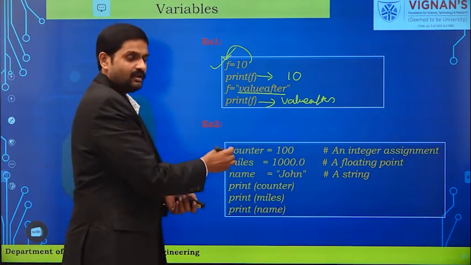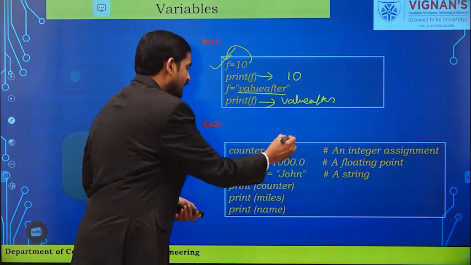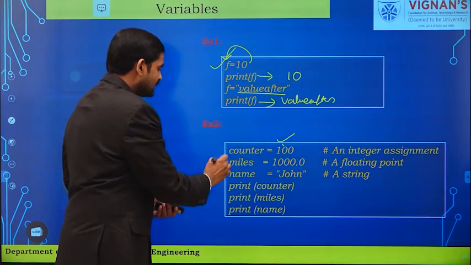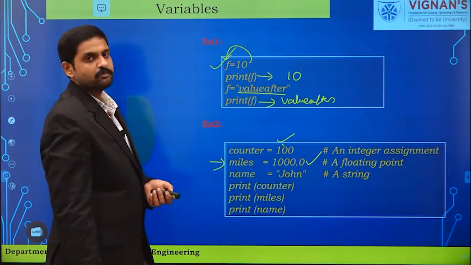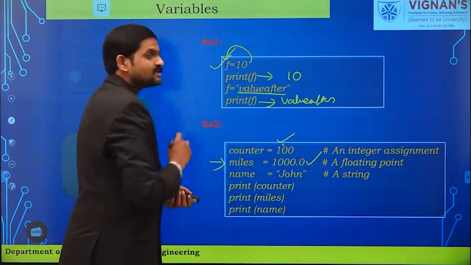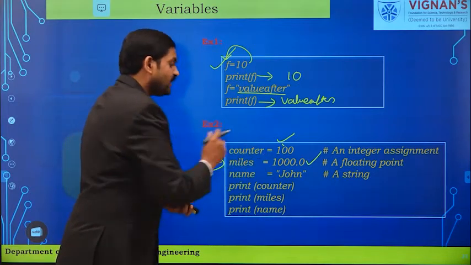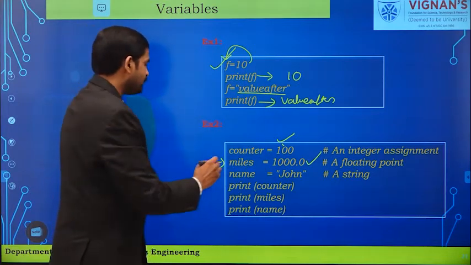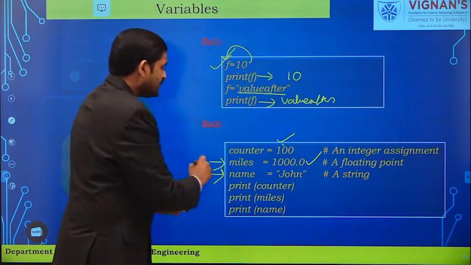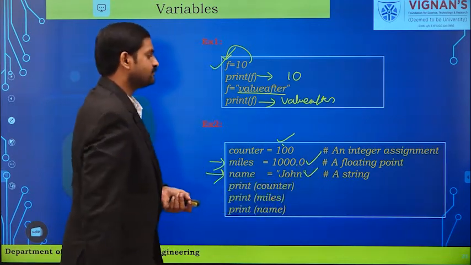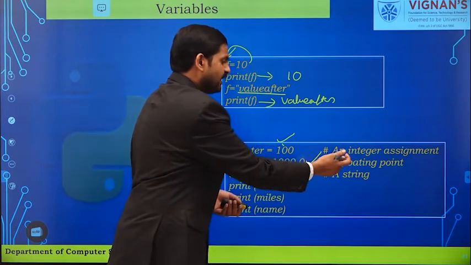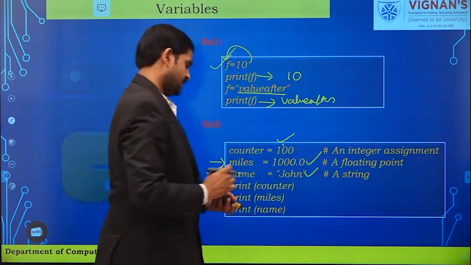And see another example. Counter is the variable, the value assigned is 100. Miles is another variable, the value assigned is 1000.0. The first one is of integer type, the second one is of floating type. The third variable is name, and the value assigned to the variable is a string. Integer assignment, floating point, string.